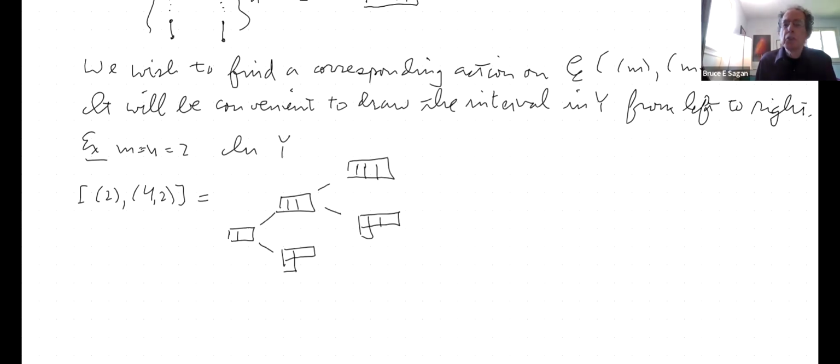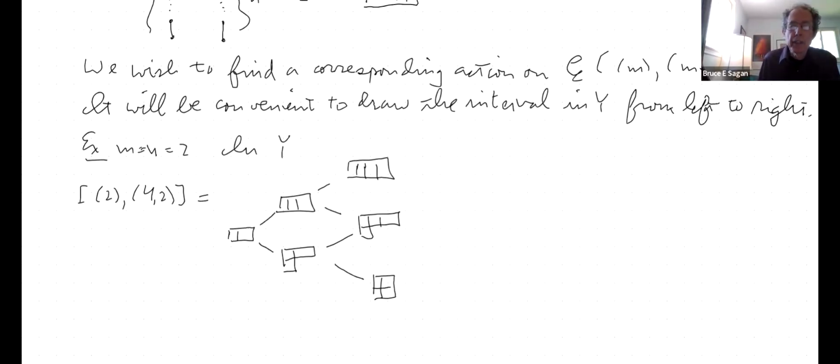If I add it to the first row, I get this one that I already had, so I also have to consider adding it to the second row. That will give me this. Now let's look at this one. Can I add anything to the first row here? No. Why not? Because remember, my target is 4-2. I already have 4 boxes in that row, and I can't add any more. This would give us too many things in the first row.